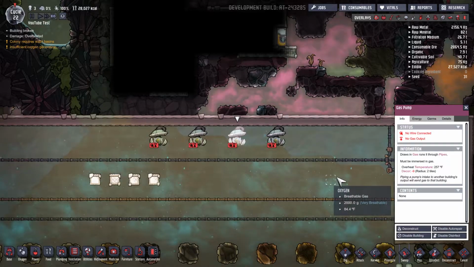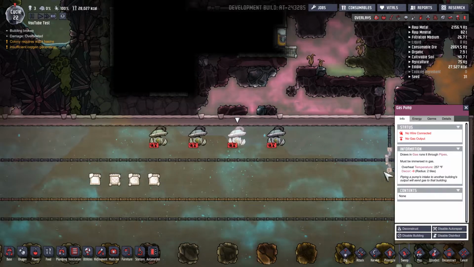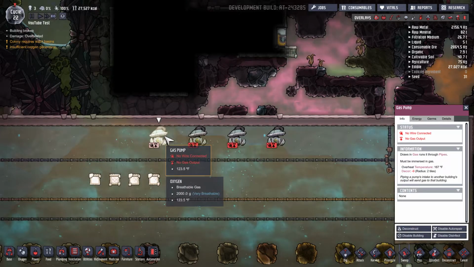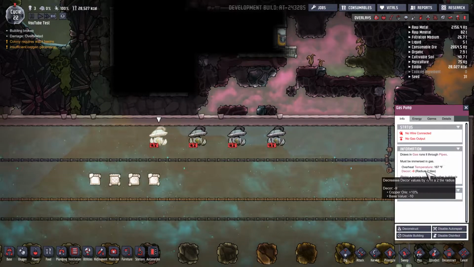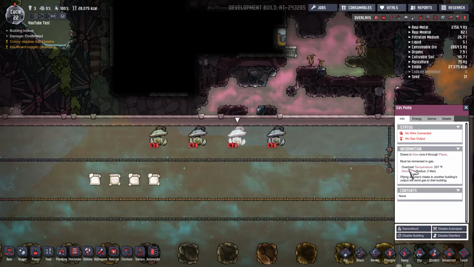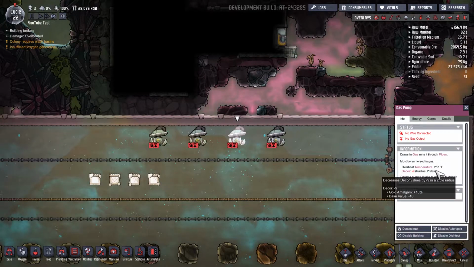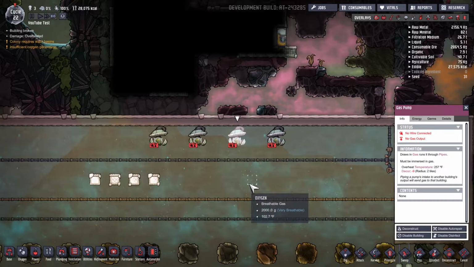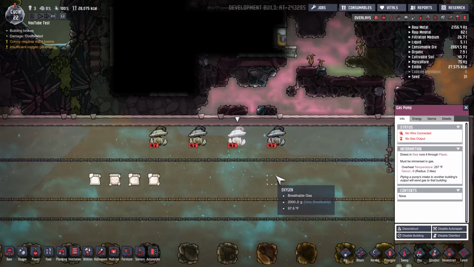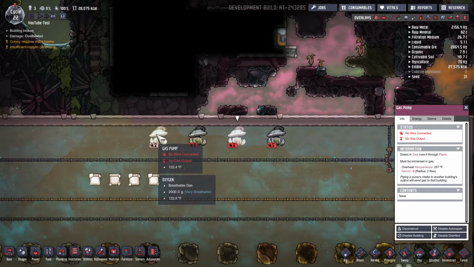So why is that? Gold amalgam raises the overheat temperature by 90 degrees. So, for instance, the copper has an overheat temperature of 167 degrees Fahrenheit. The gold has an overheat temperature of 257 degrees Fahrenheit. So, the gold pump will withstand a lot hotter temperatures versus the copper pump.